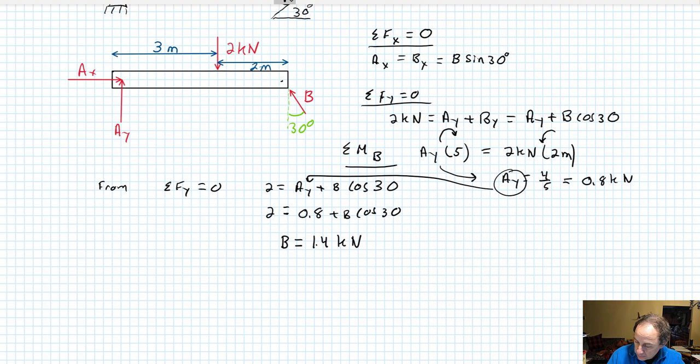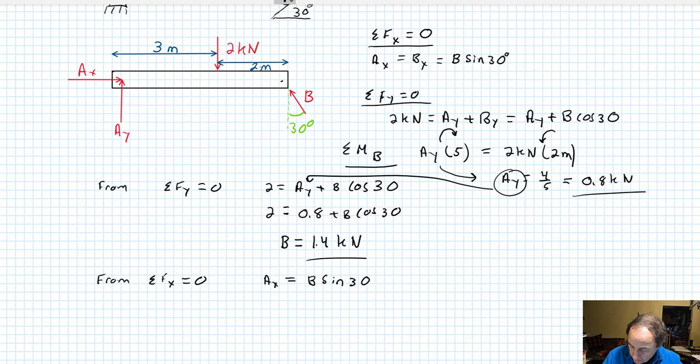Okay, so we have the magnitude of B. So we have B completely described, right? Because we already had the direction. And now from the sum of the forces in the x direction, we had AX equals B sine 30.